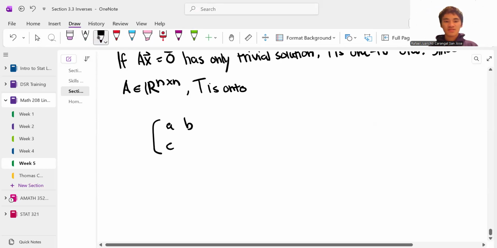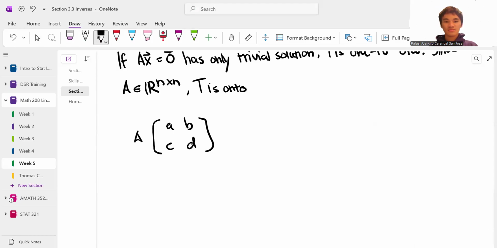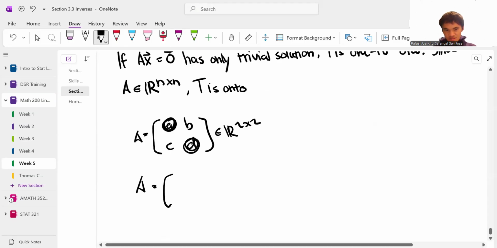Let's say we have this. This is our A, a 2 by 2. If it's a square matrix, this can be a pivot, and this can be a pivot. What if it's not square? Say a, b, c, d, e, f.